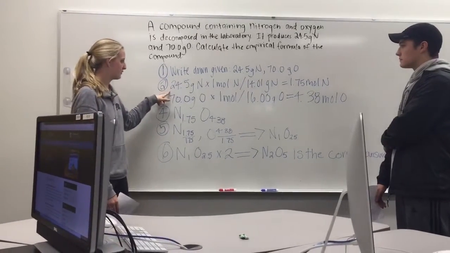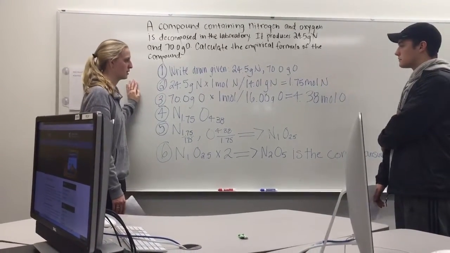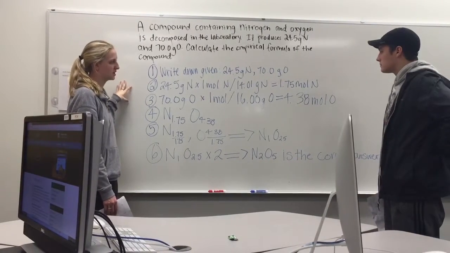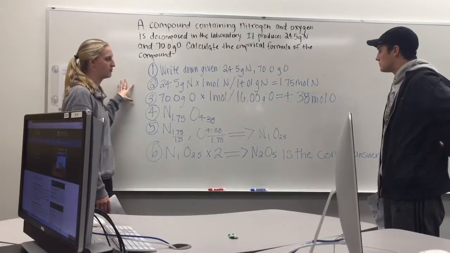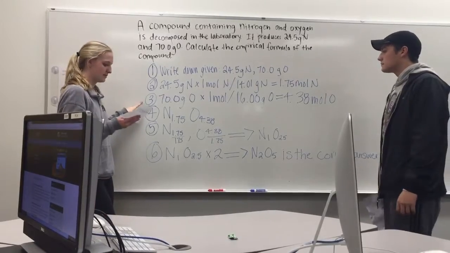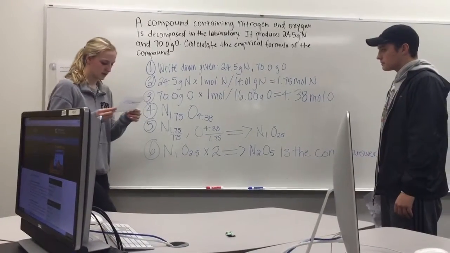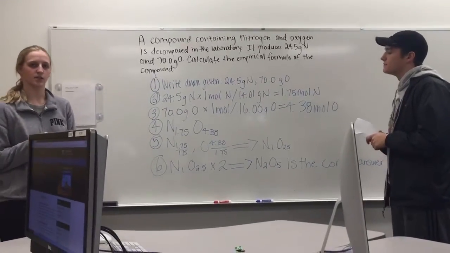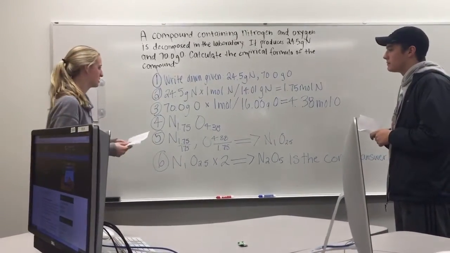And that's going to be 24.5 grams nitrogen times 1 mole nitrogen divided by 14.01 grams nitrogen equals 1.75 mole nitrogen. Step 3 is going to be to convert each of the masses to moles by using the appropriate molar mass for each element as a conversion factor.